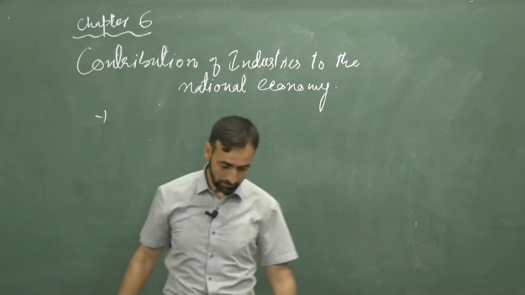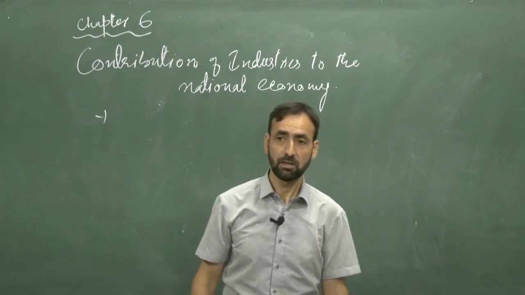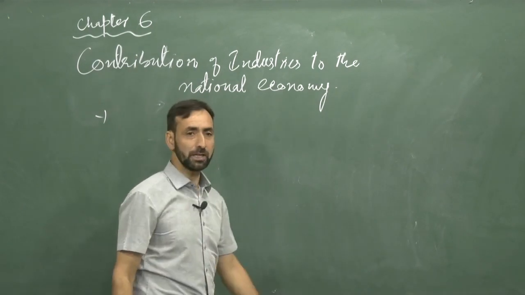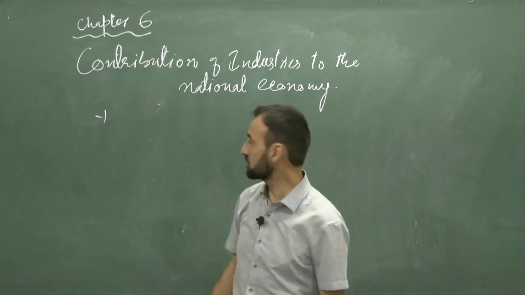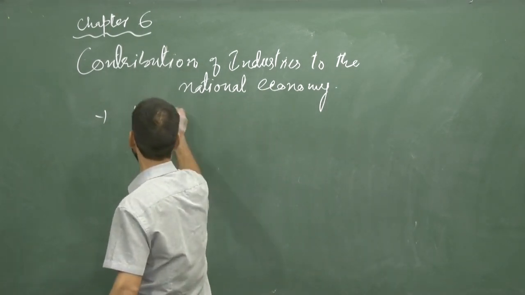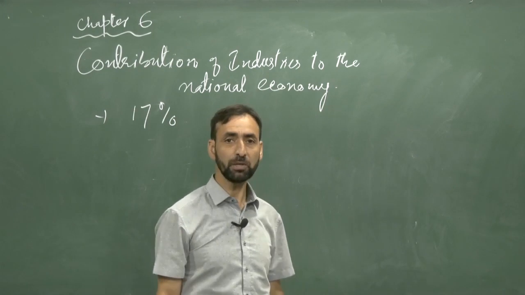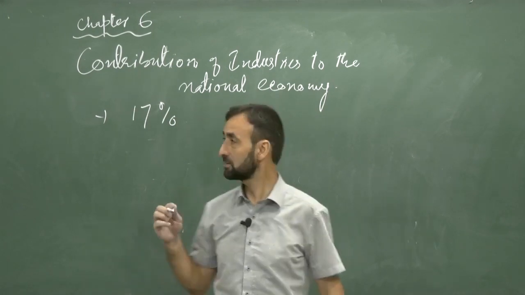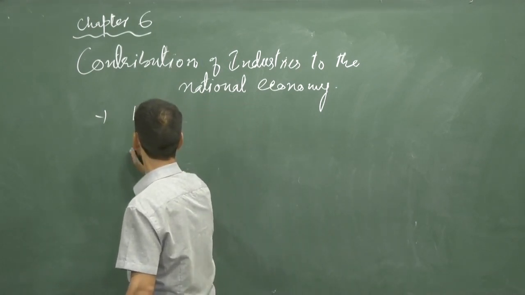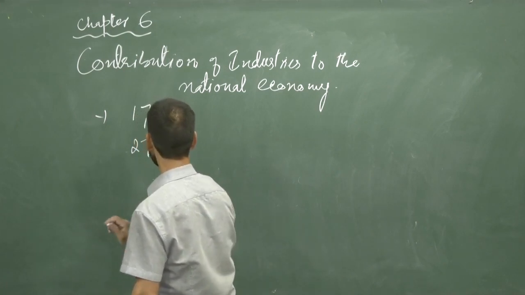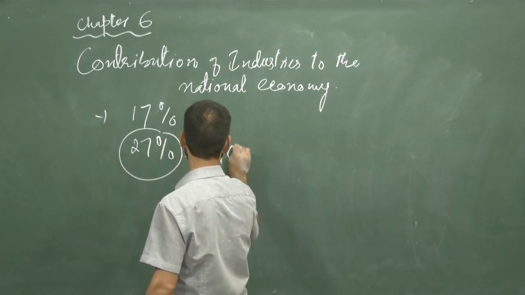We can say that for the last 2 decades, 20 years, the GDP of this sector remains stagnant. Neither has it increased nor decreased. How much was it? It was 17%. For 2 decades, the GDP of the industrial sector remained 17% out of 27%. And then there is the remaining 10%.